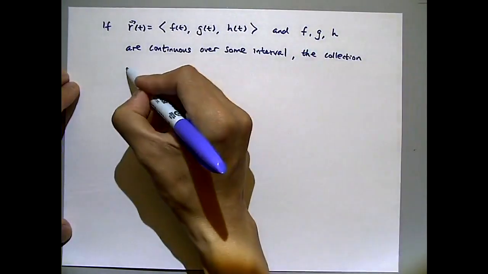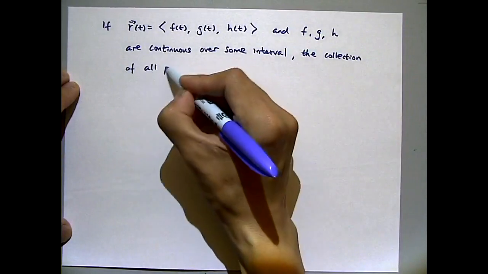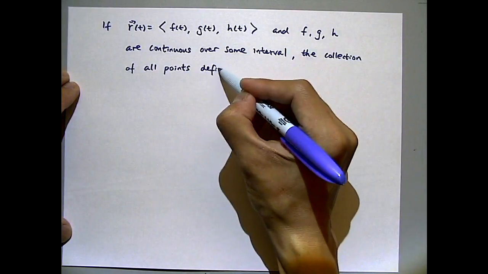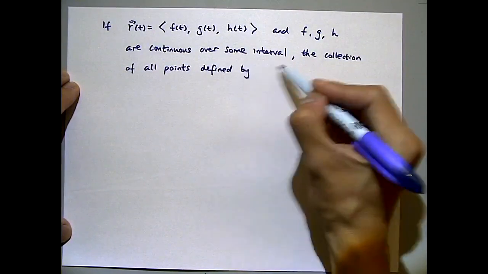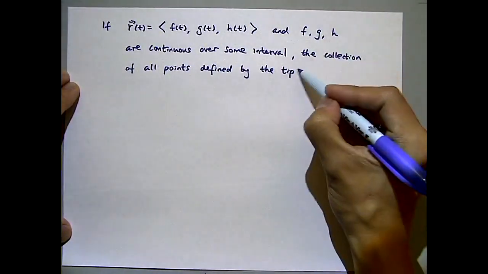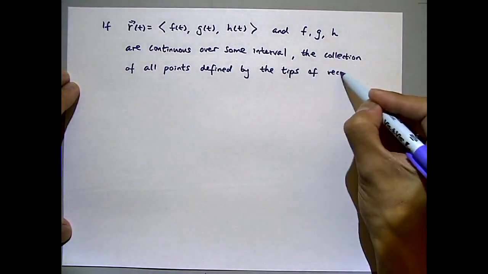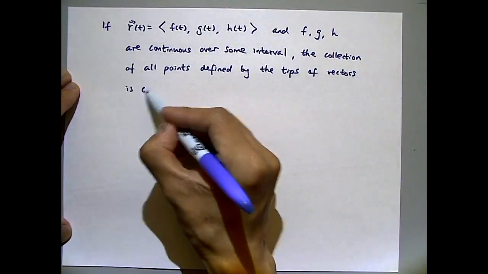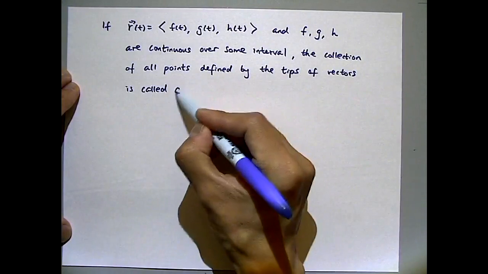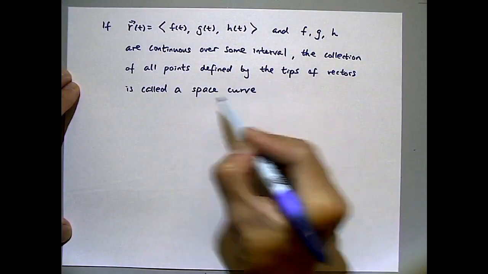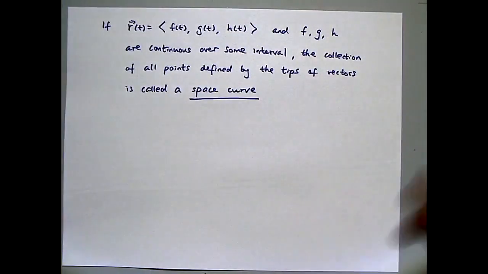The collection of all points defined by the tips of the vectors is called a space curve. It's a curve in space, right?